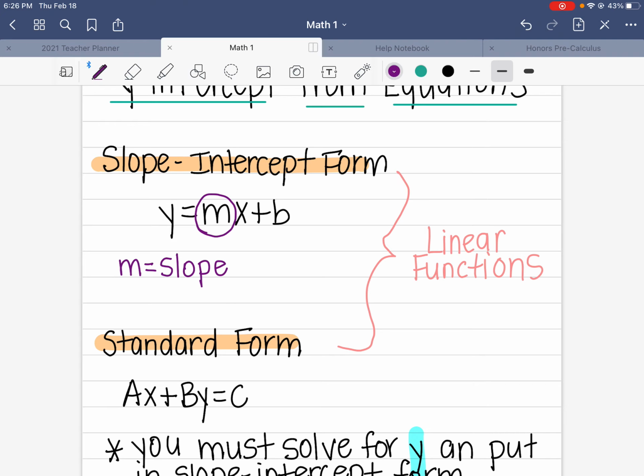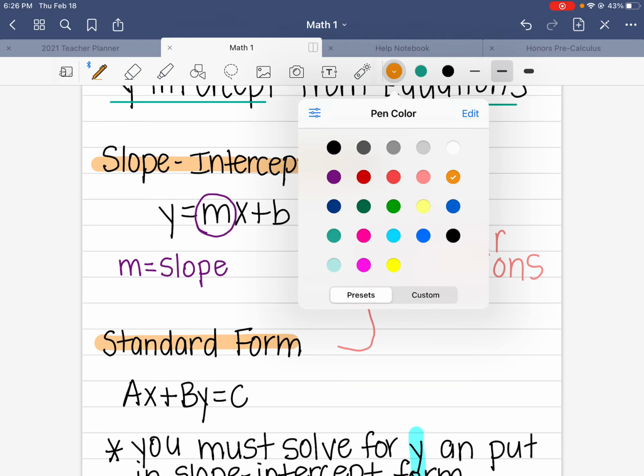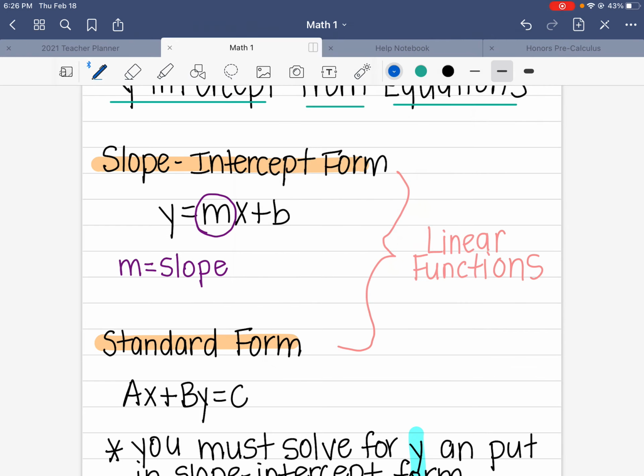Then we have the b value, and the b value represents the y-intercept. Remember, the y-intercept is where it crosses the y-axis.